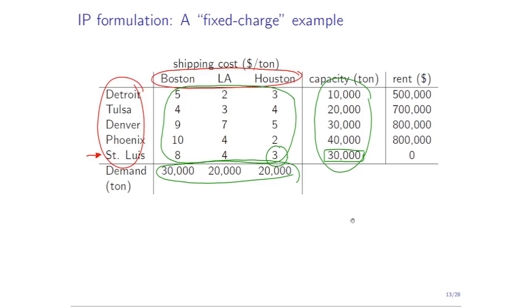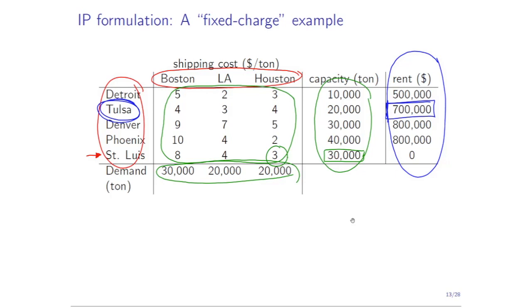And the most important part is this part, which tells us information about the fixed costs. Obviously, if in our expansion plan we, for example, decide to rent the depot in Tulsa, then we will have to rent the place for this much money. And it doesn't matter if we use that depot to ship 10 tons of rice or 10,000 tons of rice.